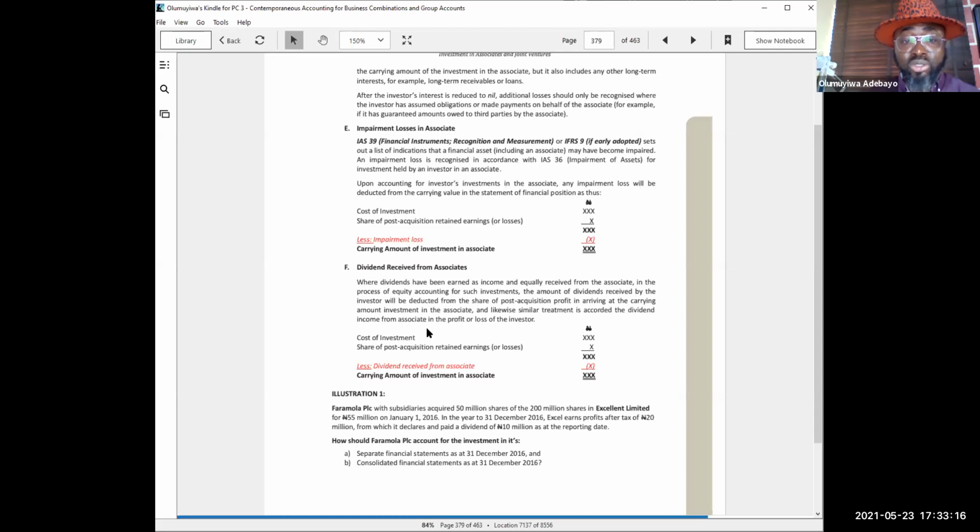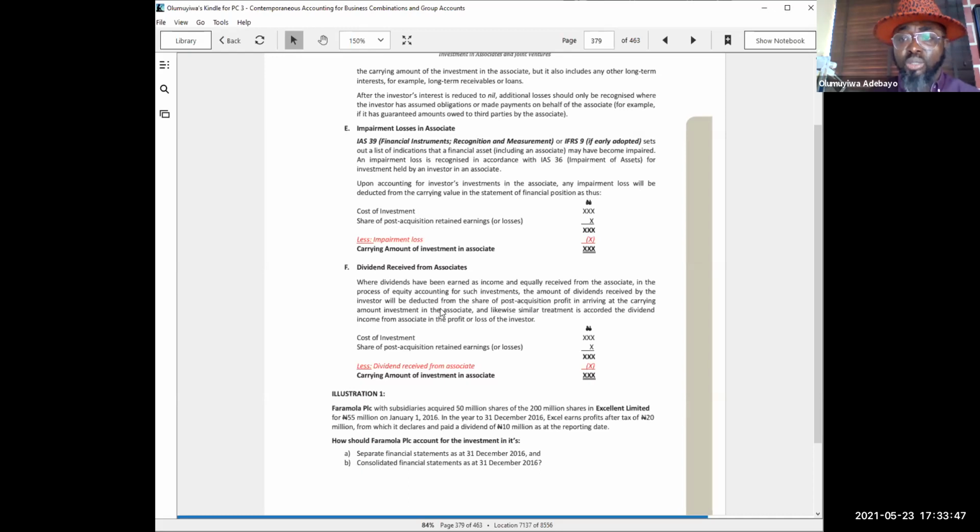Likewise, in conclusion, dividend received from an associate: where dividends have been earned as income and equally received from an associate, in the process of equity accounting, you must reverse such a dividend and replace it with the share of associate's profits. And this is synonymous to what we did yesterday, which says that you cannot recognize share of profit and at the same time have recognized the portion of that profit that is paid out as dividend.